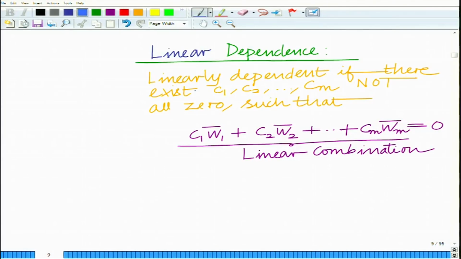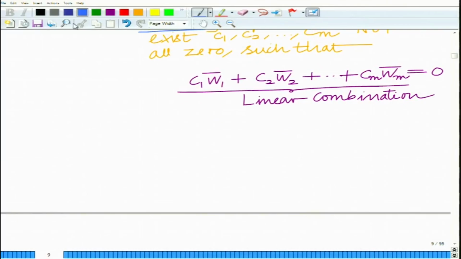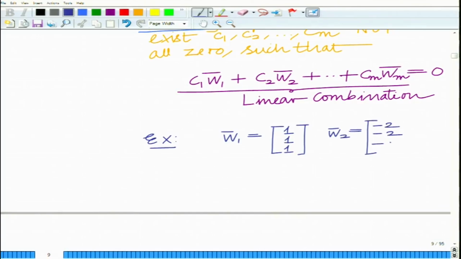And these vectors are therefore linearly dependent. Okay. For instance, let us take a very simple example to understand this. Consider the vectors w bar 1 equals 1, 1, 1 and w bar 2 equals -2, -2, -2.